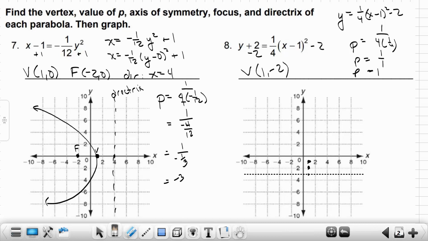There we go. Okay. So over here, our focus is at 1, -1. Our directrix is y equals -3. And then we draw our parabola. Now our p-value is only 1. It's a little closer, so it's going to be a thinner parabola. So I'm going to make it like that.